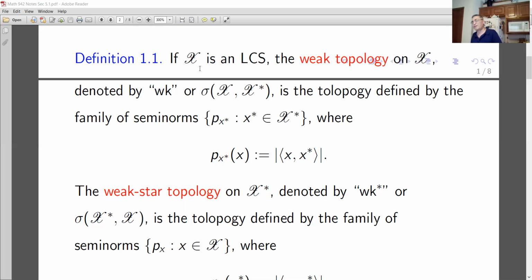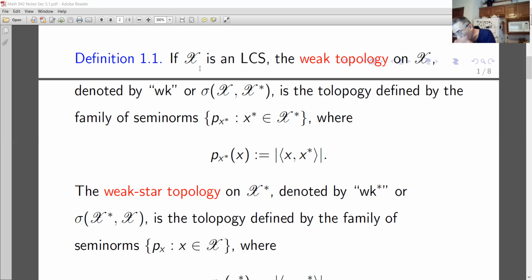Okay. So that is the topology defined by a family of semi-norms this way. By our definition, a locally convex space has a topology defined by a family of semi-norms. And we have another condition: the topology defined this way is Hausdorff.